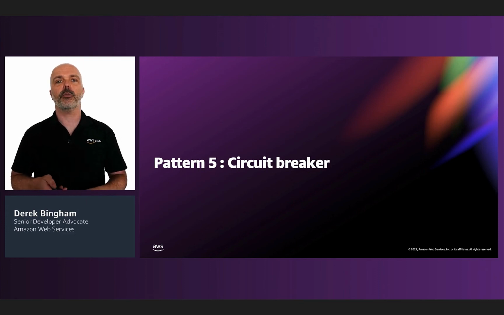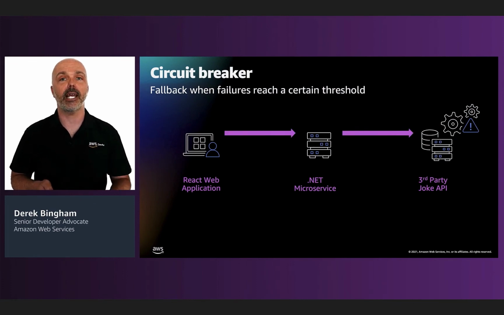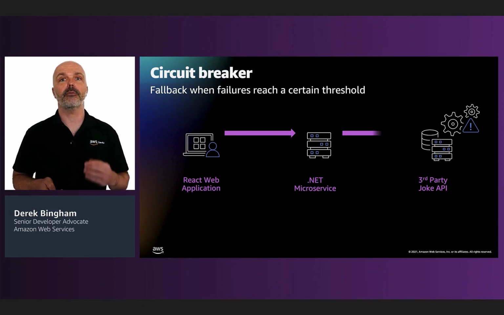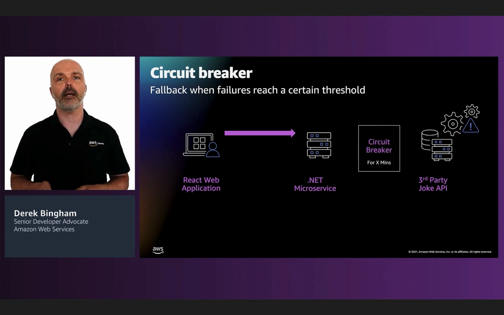We have a request proxied through our .NET microservice to our third-party API, which is not very happy. It's timing out, we're retrying, we're not getting a result. So the circuit breaker implements a block to calling the API. Now when the .NET microservice makes a call to the third-party API, it hits the circuit breaker instead, doesn't go anywhere near the third-party API, and returns a fallback.